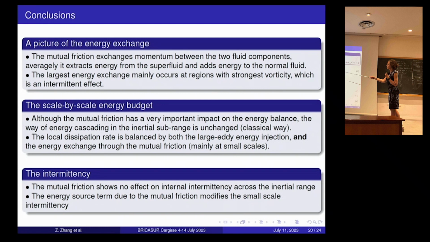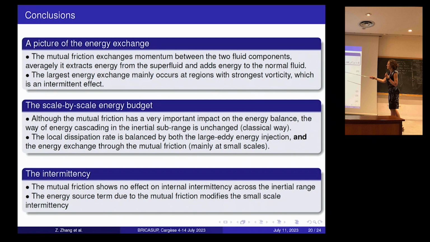I'm thinking at the same time, but it should inherit something from this mutual friction force. So we should have some vorticity of the superfluid and increments of velocity inside. But when we started this study, it was the opposite way.